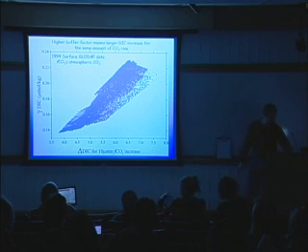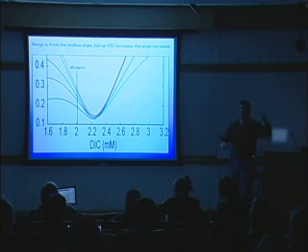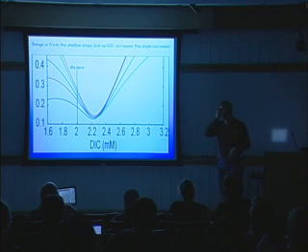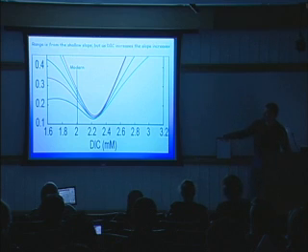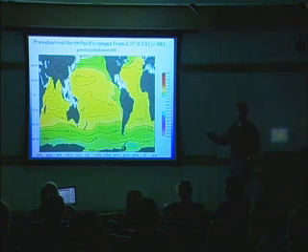The reason for that is because we're basically out here on the flat, so the slope of this line is not very steep. So for any given buffer factor, there's actually a range of CO2 values that you can have. But as you fall off, as you move towards this minimum, you see the slope is getting steeper. So that changes, and I'll come back to that in a minute.